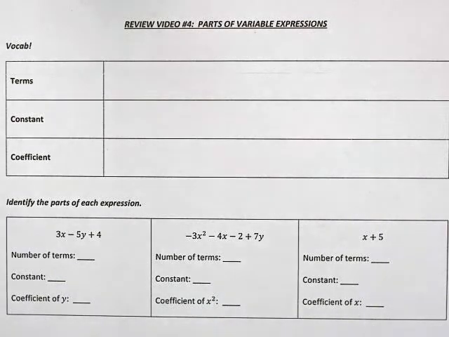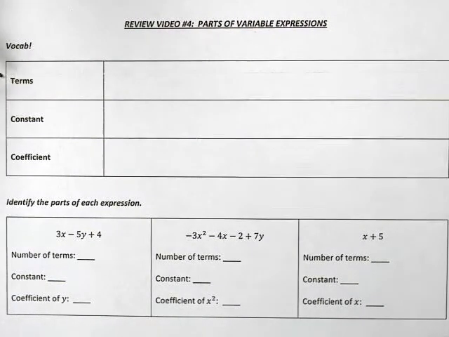We're talking about parts of variable expressions now, okay? Variable expressions are made up of terms. These terms are the parts of a variable expression.